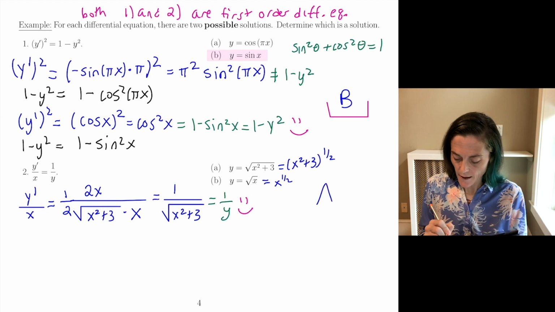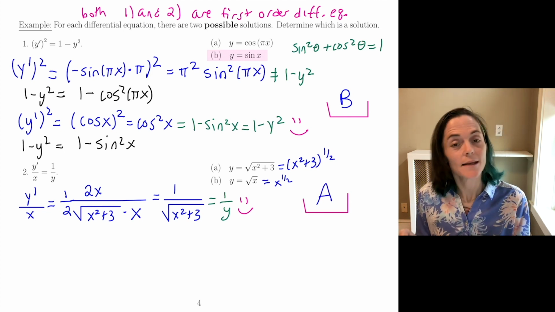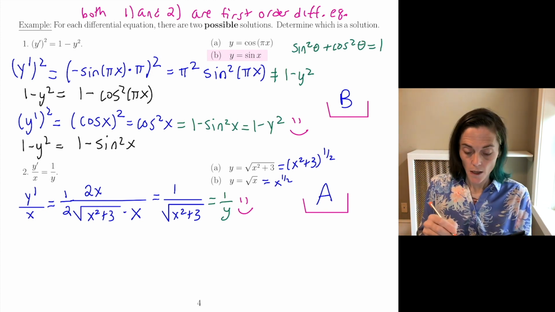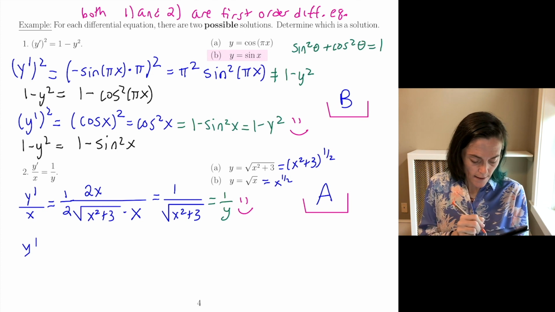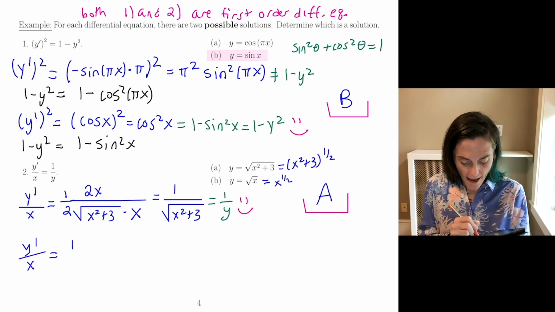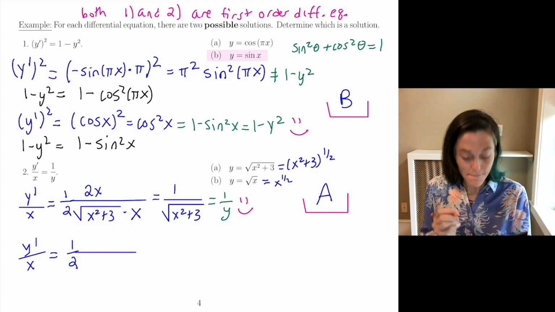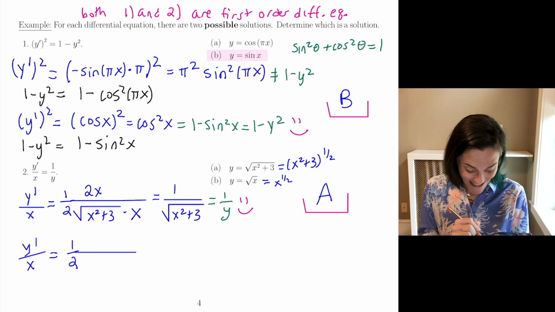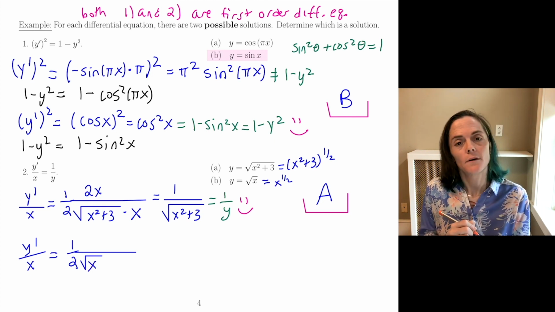It's letter A. But let's go ahead and verify that B does not work here. Once again, we can start with y prime over x. We have 1/2. Just as I did before, I will go ahead and put the minus 1/2 power as a square root in the denominator. So here's y prime.